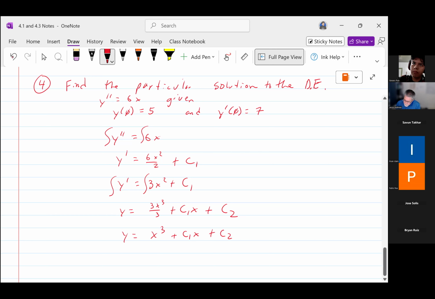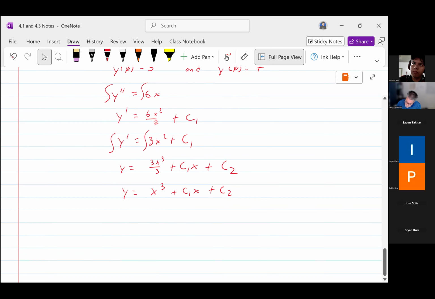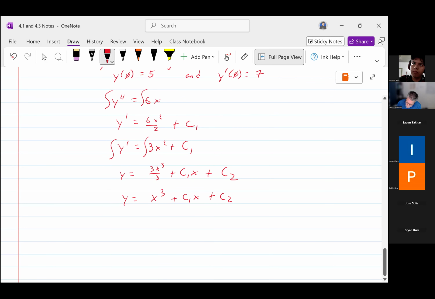But now, how am I going to figure out what C1 and C2 are? Well, I'm going to use my initial values. I know that y of 0 is going to be equal to 5.